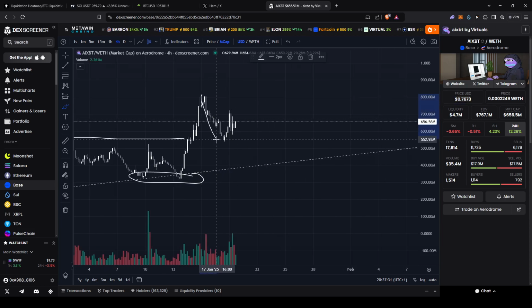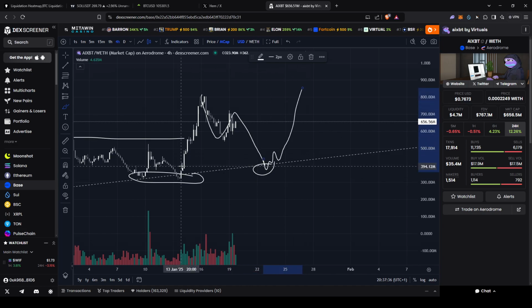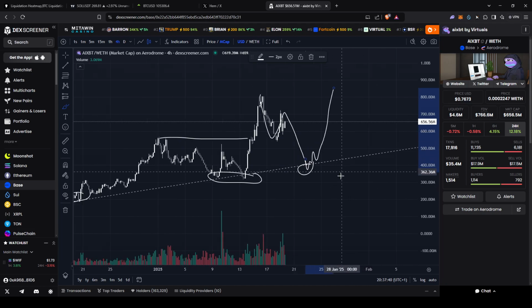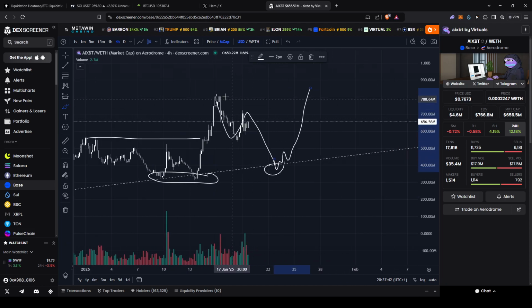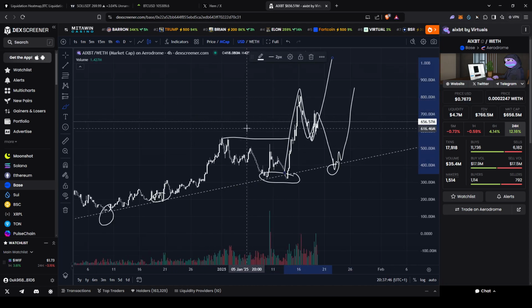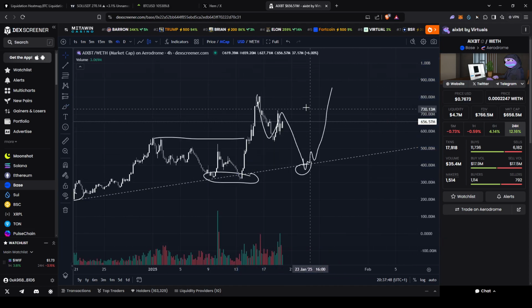If you were to get a corrective structure towards the downside, you could also put in that higher low. So I would be wary of that at that 450 million market cap range. This could also be a correction where that's done, or you're just looking for a continuation here towards the upside.